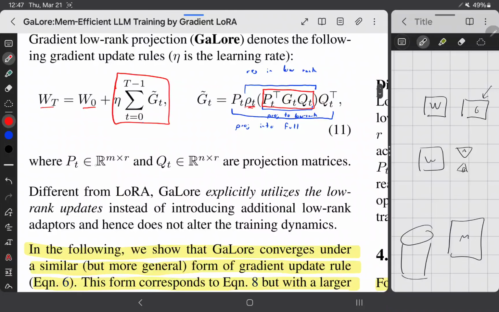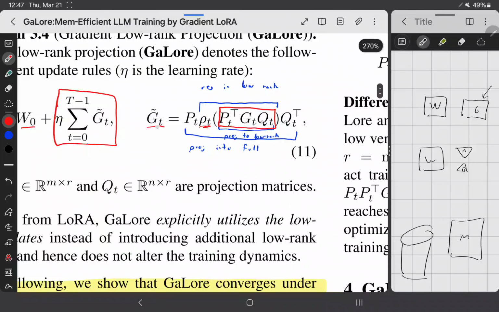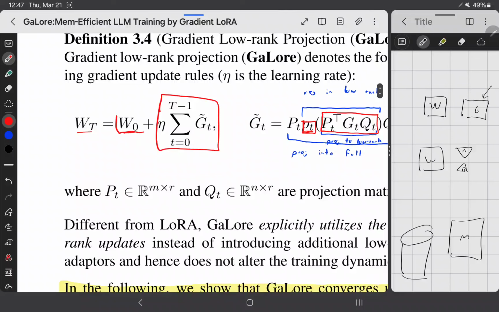Yeah, and they have that here. They mentioned that. And essentially what this is doing, it's projecting your gradient to a low dimensional space. You do the regularization in the low dimensional space. And remember that we need to have our weights in full rank because it's shown that they can't be low rank.